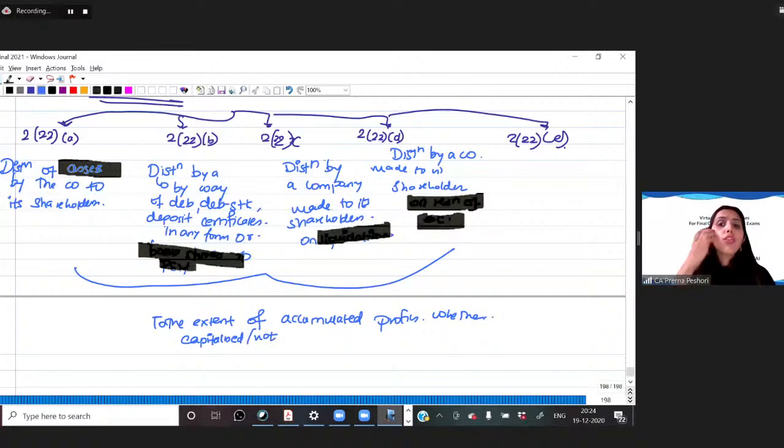To the extent of accumulated profits, whether capitalized or not. And accumulated profits are to be considered till the date of distribution of dividend or liquidation of the company. Is it clear?